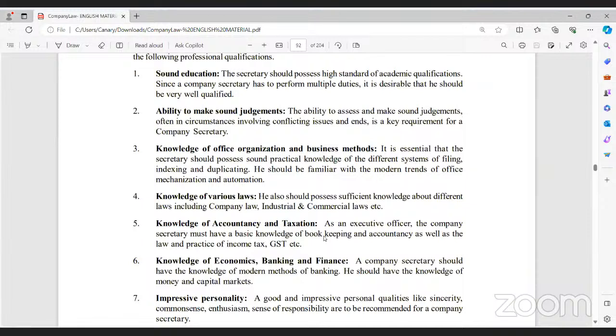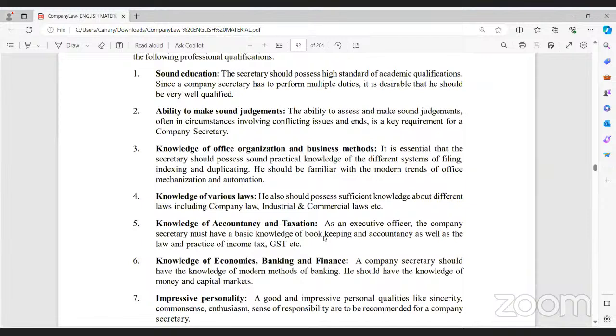Next, ability to make sound judgments. He should be able to take proper judgments in a timely manner, effectively, efficiently, and promptly. An organization may have different issues and challenges, and at times he may have to face various challenges and conflicts.